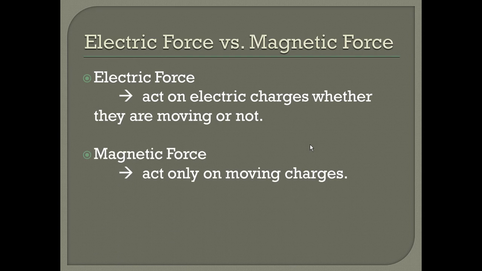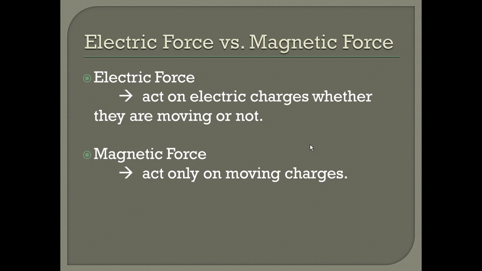Whereas if the two charges being considered here have a relative motion with respect to each other, then in addition to the electric force quantified using Coulomb's law, we have an additional force we call the magnetic force that is exhibited by virtue of the movement of the charges.